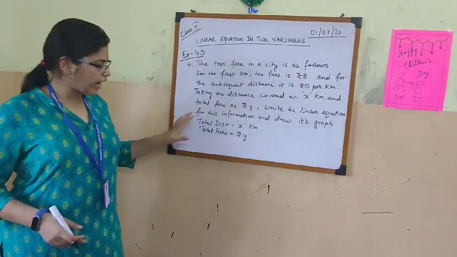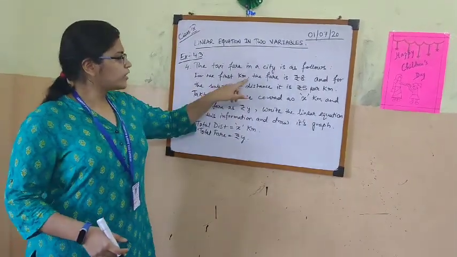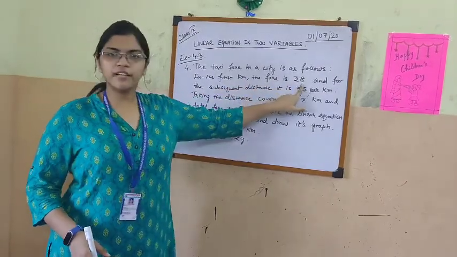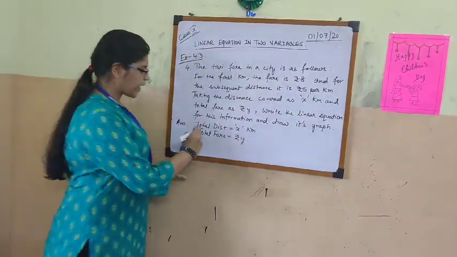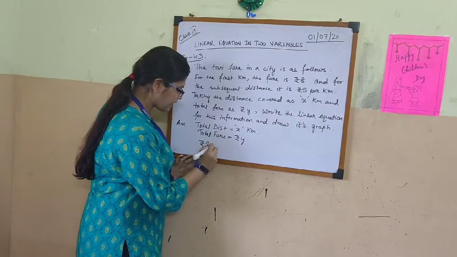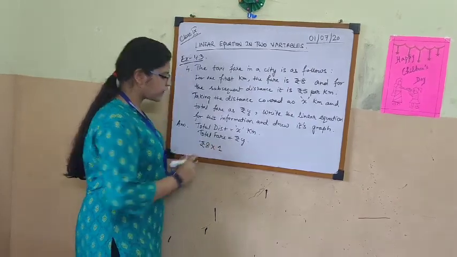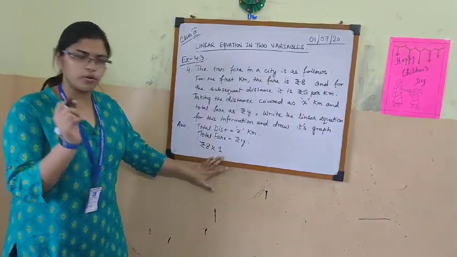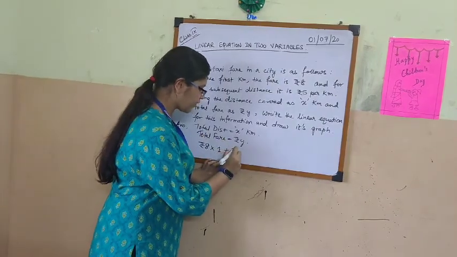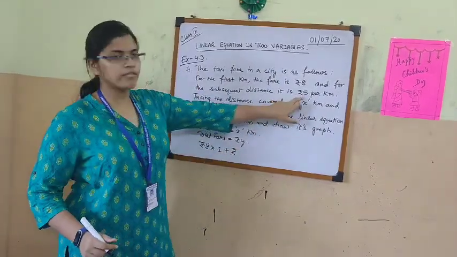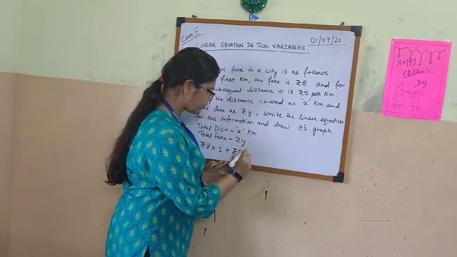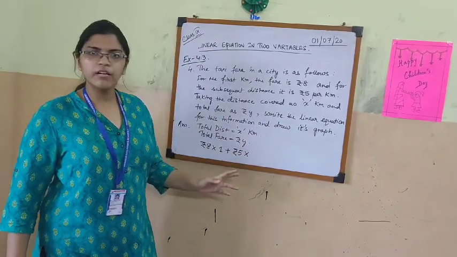So at first we have to write a linear equation. Rupees 8 is the fare for the first kilometer. So if we multiply rupees 8 with 1, this will give us the fare for only the first kilometer. Then for the remaining kilometers, the fare is rupees 5, so rupees 5 will be multiplied with the remaining distance.